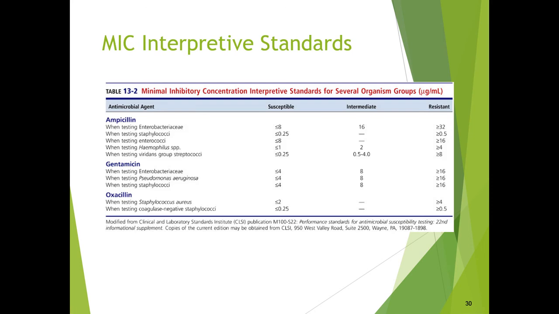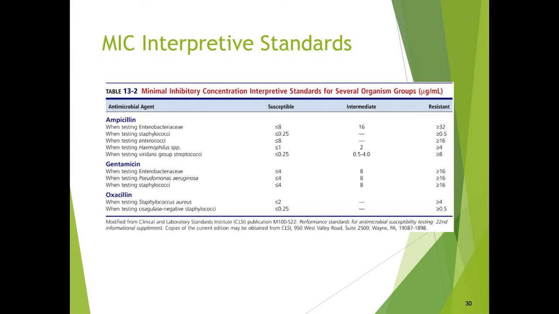So here are some examples of minimum inhibitory concentration standards for different organism groups. Here we've got a bunch of different organisms and their MICs for ampicillin. If you're testing Enterobacteriaceae, and your MIC is less than or equal to 8, that indicates the organism is susceptible to that antibiotic.